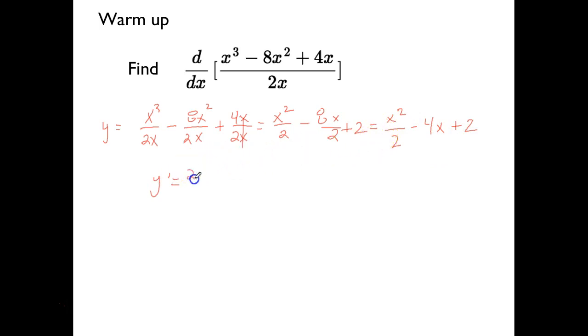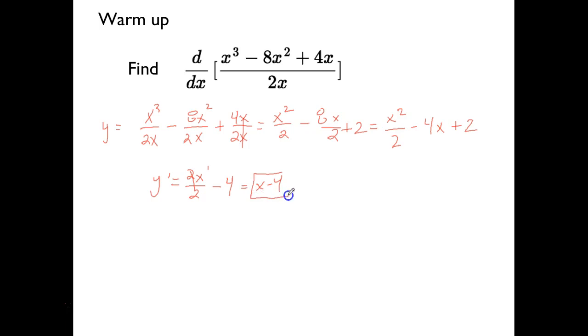That's going to make it 2x to the 1, with the 2 still on bottom, minus 4. That's the derivative of that term. And then that term, the derivative is 0. So we're just left with this, which can simplify, 2 over 2 cancel, leaving you with x minus 4. Okay, so the derivative of this is x minus 4.